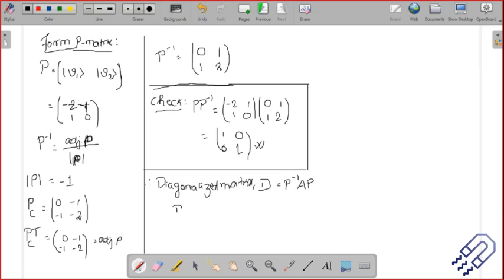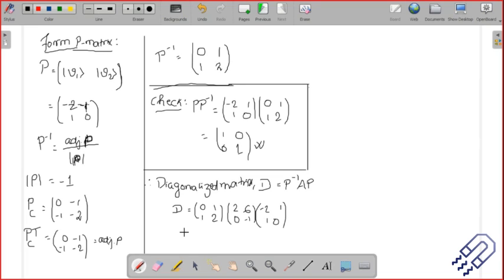Let's see. So D is equal to 0, 1, 1, 2, that's P inverse. Then we will write down our A. Please keep checking that you write the correct thing. 0, minus 1. And then I will write down my P, that's minus 2, 1, 1, 0.